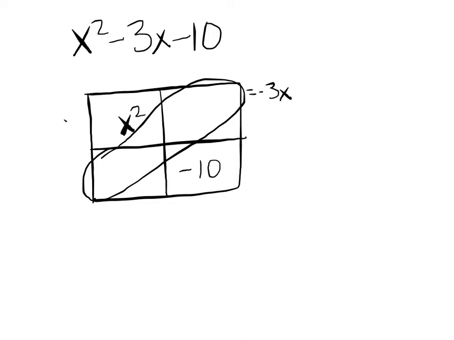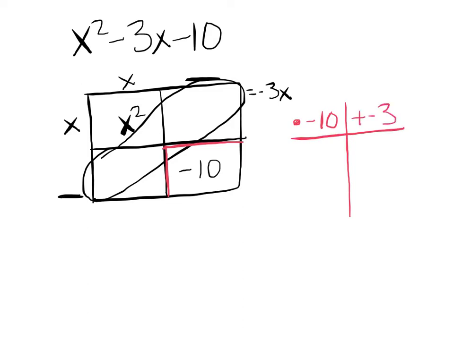So I already know that this is going to be x and that's going to be x, and I'm looking for these two blanks here. We're looking for numbers that multiply to get me that negative 10. And when I combine the two numbers in the middle, they need to add to be negative 3.